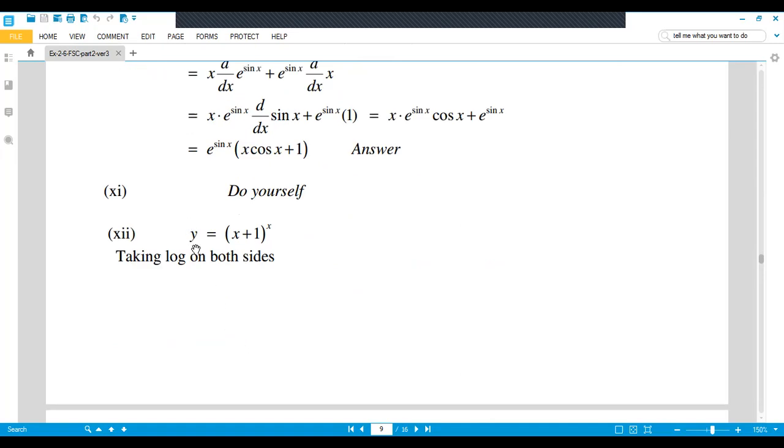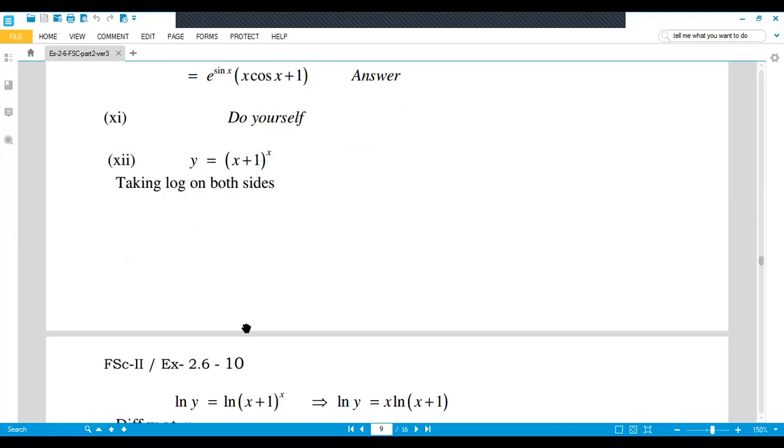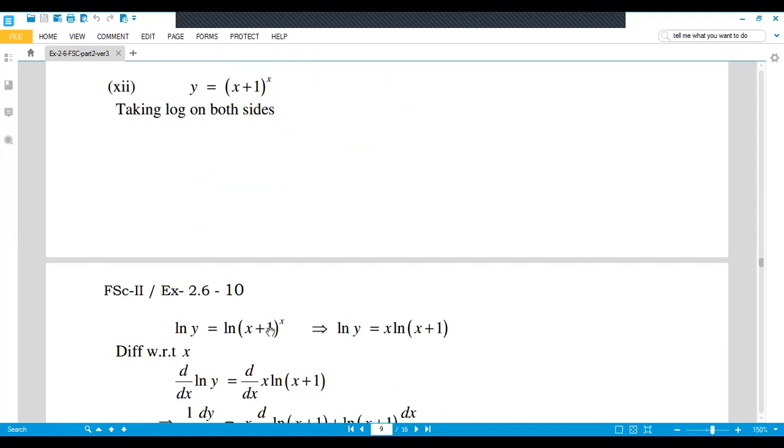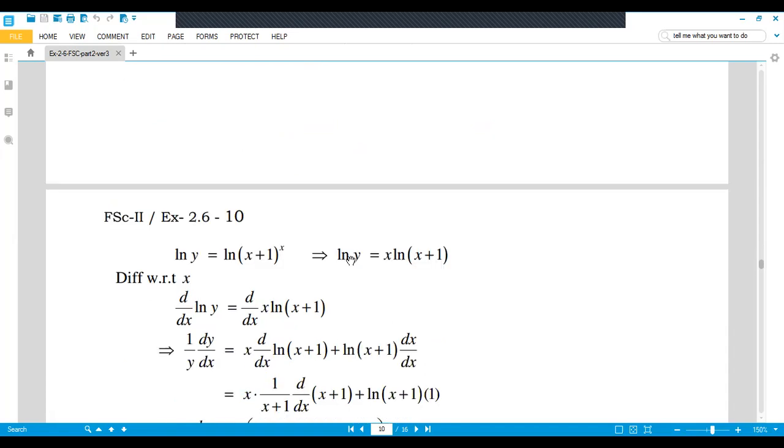So taking log on both sides, you will get natural log of y equals natural log of (x plus 1)^x. You know that if you have a natural log with some power, the power will come as the coefficient. So it will be converted into natural log of y equals x natural log of (x plus 1).